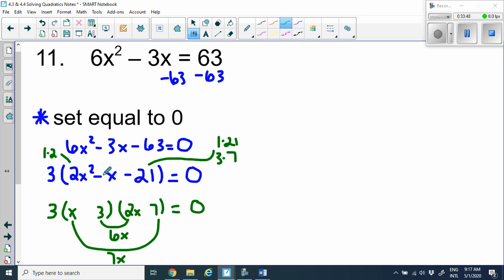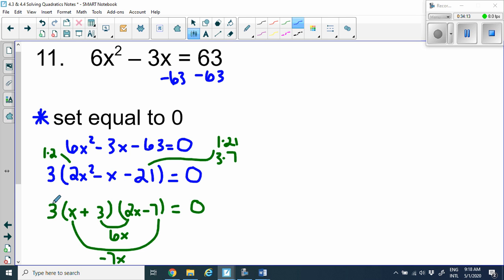In order to get a negative 1x, my 7 needs to be negative. So I would do 6x minus 7x. Meaning I have 2x minus 7 and x plus 3. Let's make sure that we still get a negative 21. If I do 3 times negative 7, that does give me negative 21. So this factorization works.